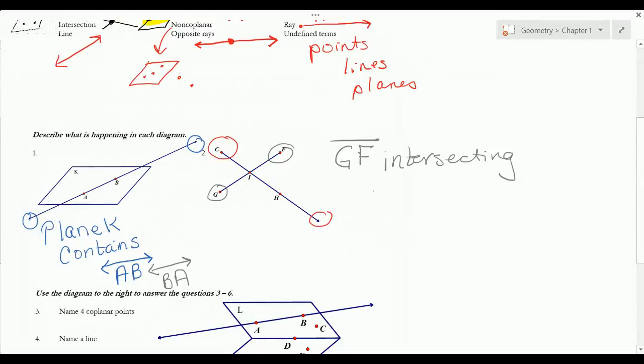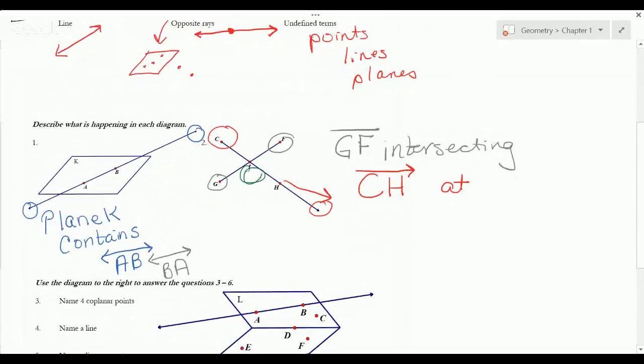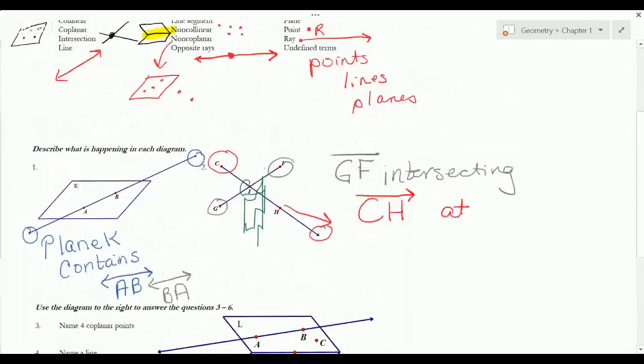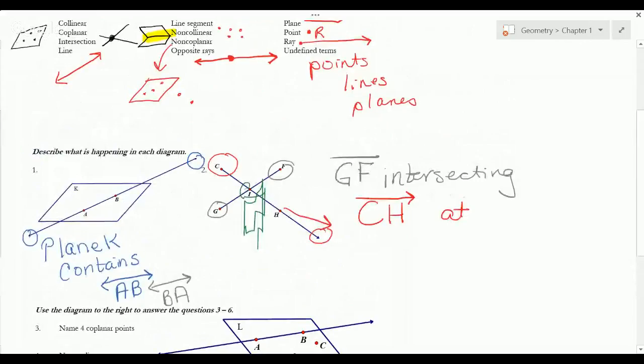So that's a ray. So it intersects ray CH, because that's one of the endpoints. And I make the arrow go above H because the arrow does go past H. And it intersects with it at a point. And that point is right there. And so that's I. Sorry about the scribble.